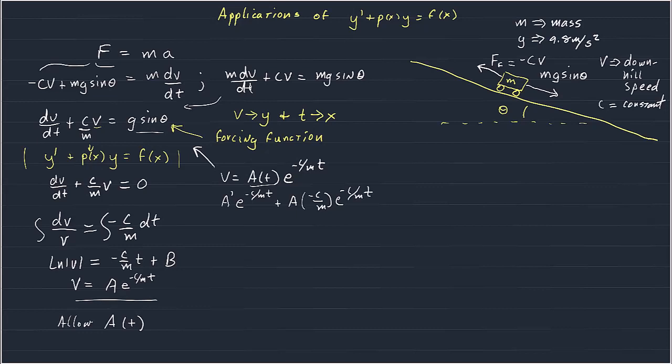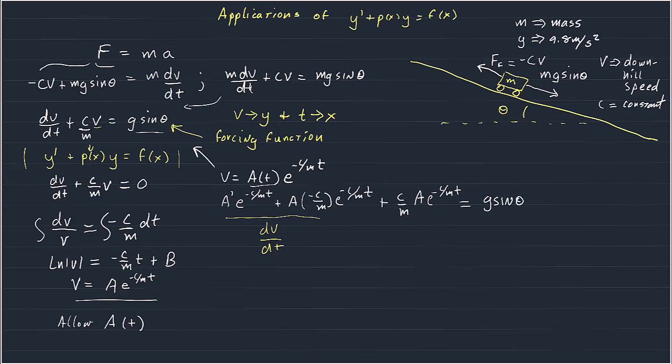So this part is dv dt. And then we simply add on c. We have to add this term into the equation. That's c over m times v, which is a e to the minus c over m t. And that's all equal to our right-hand side, g sine theta.